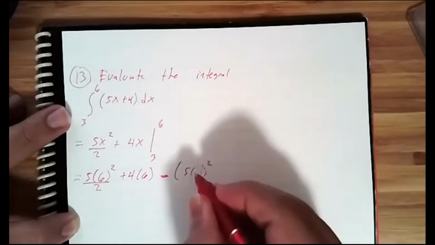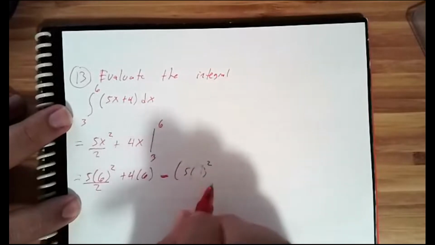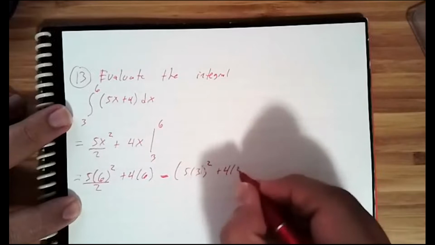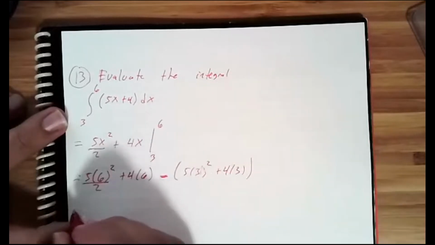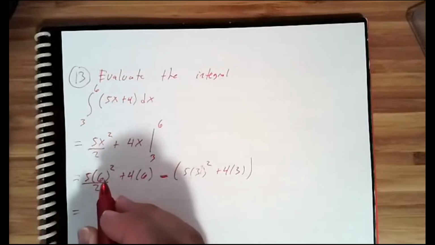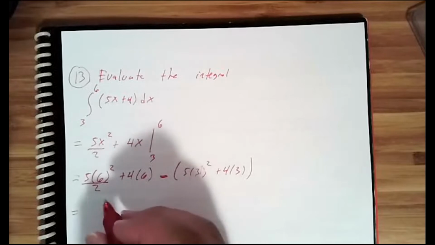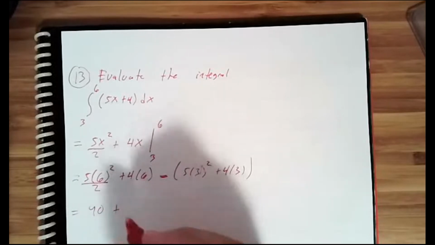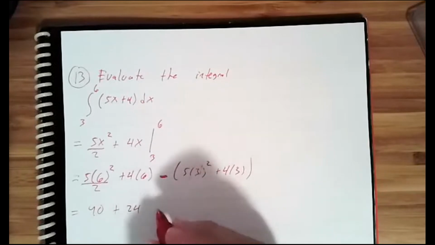Okay. So top minus the bottom. So this will be 3. So 5 times 6 squared, that's going to be 36 times 5, divided by 2, that is going to be 90. 4 times 6 is 24.